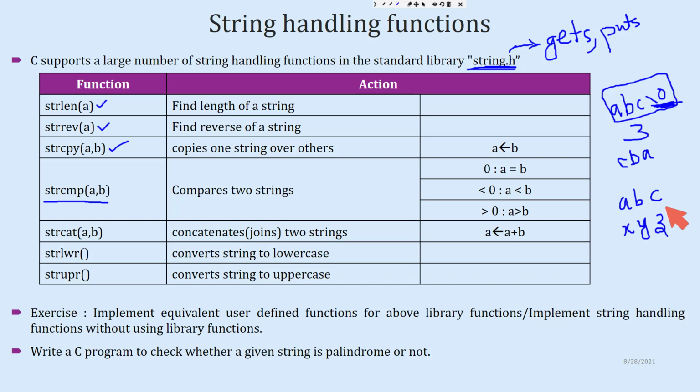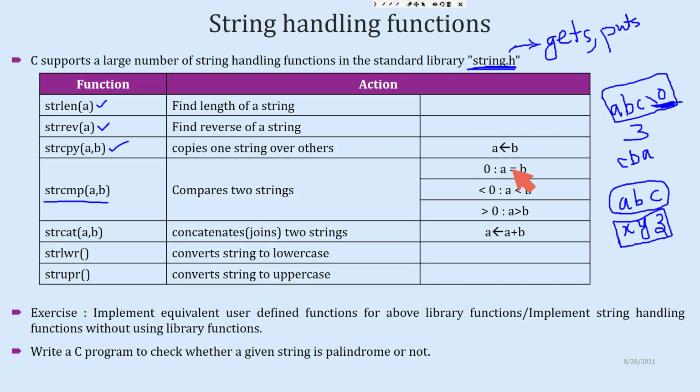Here ABC is the smaller string, because when we arrange ABC and XYZ in ascending order, ABC will come on top. So ABC is smaller than XYZ. The working of strcmp we will discuss later.